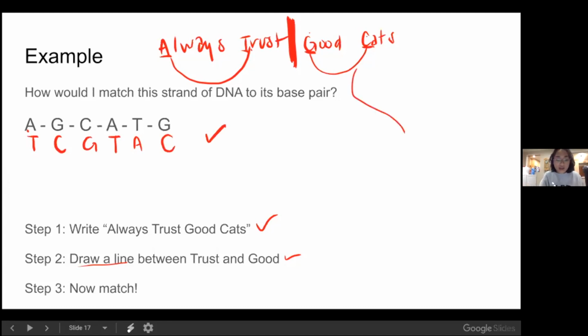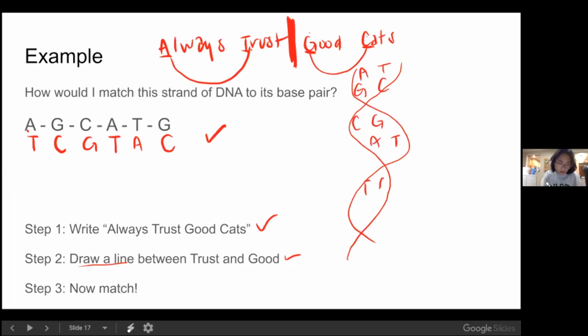So if I ever saw that sequence in DNA, I would know that it would look something like this. And that sequence of DNA might code for a specific gene. Yay.